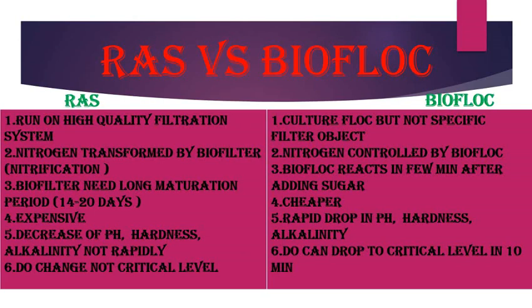If anything happens to your electricity and you don't have any backup, in RAS the pH, hardness and alkalinity do not fall rapidly, but in the Biofloc system the pH, hardness and alkalinity fall rapidly. That's why we suggest doing Biofloc in indoor farming.